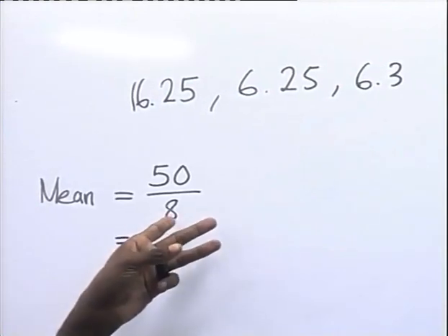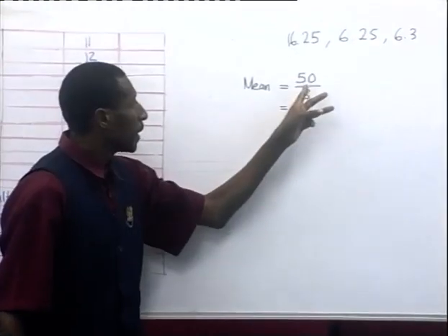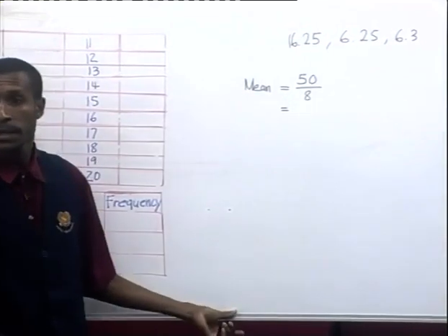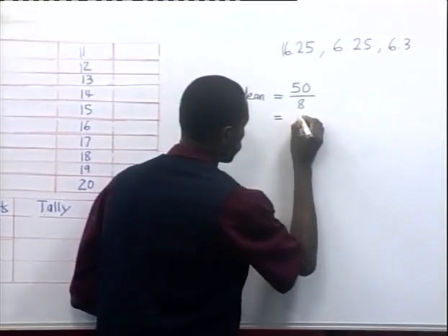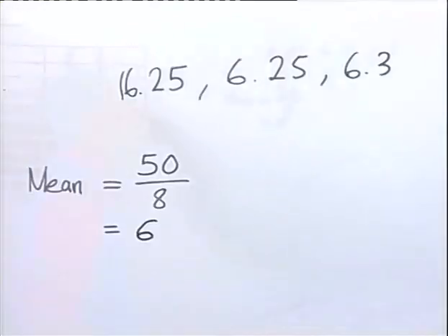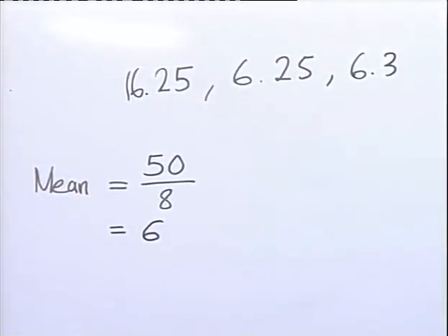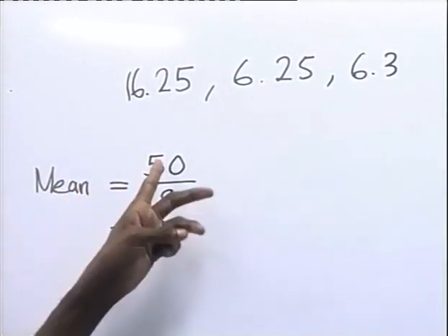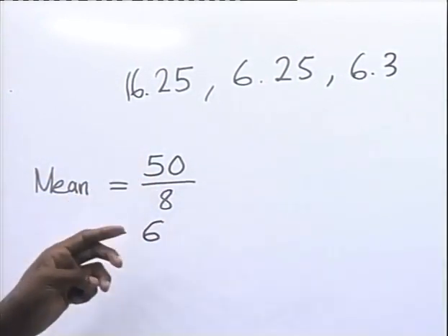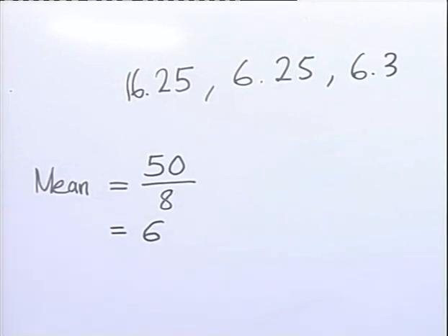So 50 divided by 8, how many times? 6. 8 times 6, 48. How many remainders? 2. 50 cannot divide by 2, so we add 0. Okay?